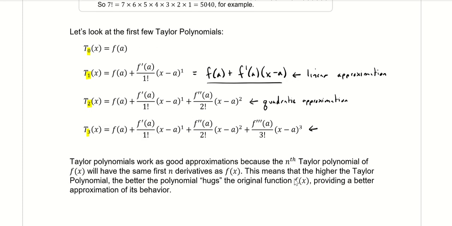So if you have heard those terms before, that's what they're referring to, just the first 3 most commonly used or lowest degree Taylor polynomials. So again, the linear approximation, the 1st degree Taylor polynomial, stops at everything involving a 1. The 2nd degree polynomial stops at everything involving a 2. The 3rd degree polynomial stops at everything involving a 3.